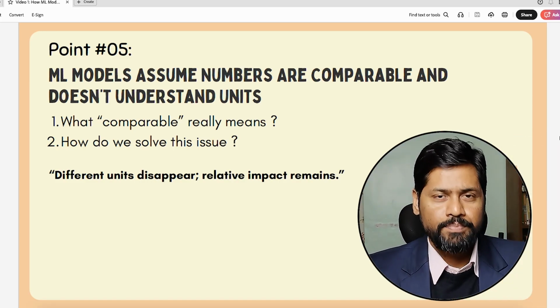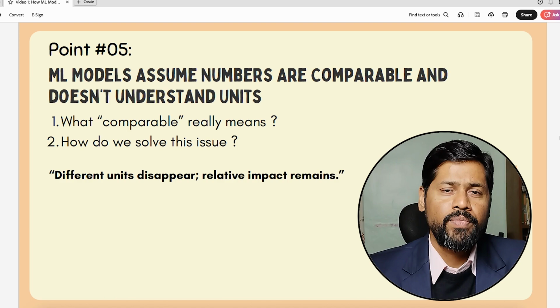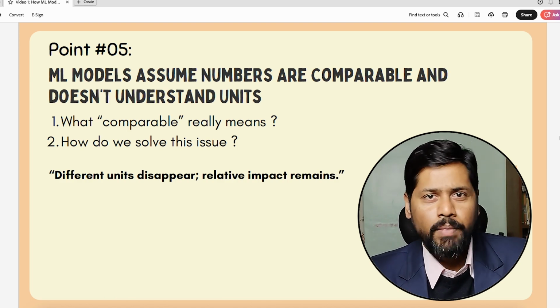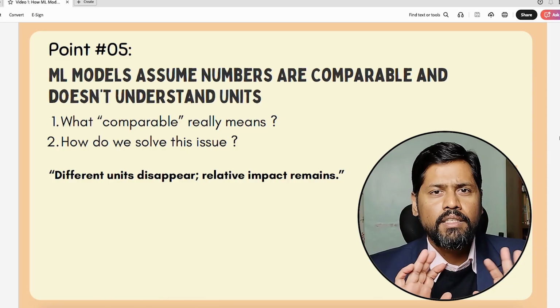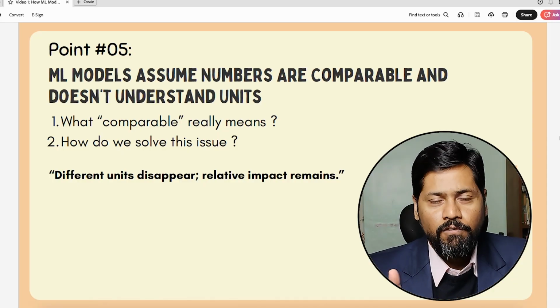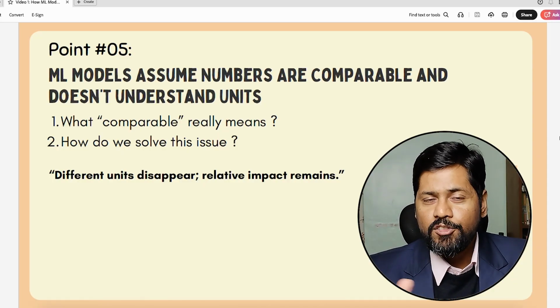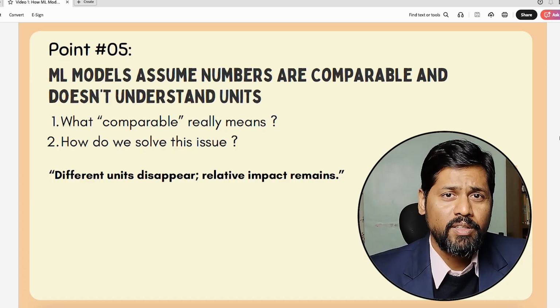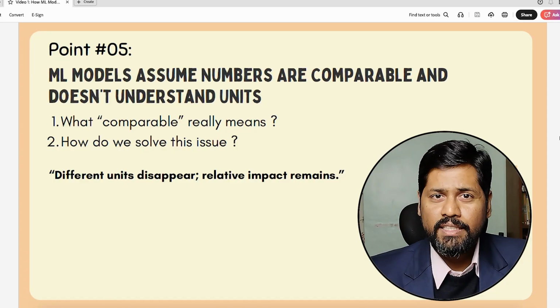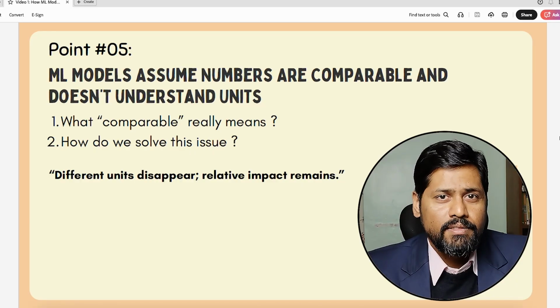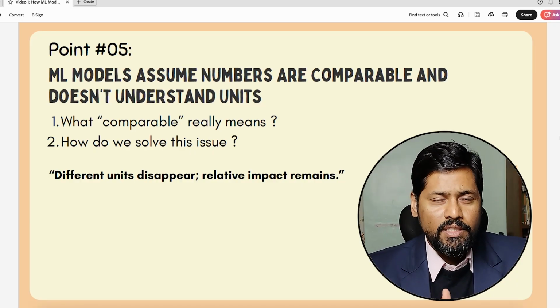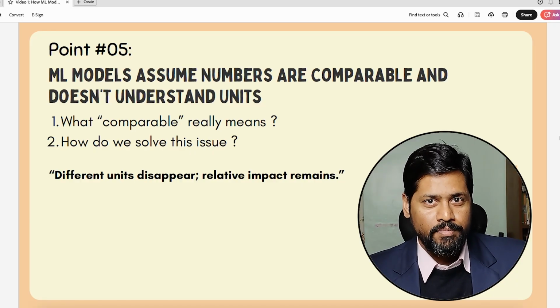Let's take an example: 1 year of salary, 1 click, 1 mark, 1 degree temperature, they all mean the same thing to a model. A model does not understand mark, order, degree or temperature. It just assumes they are one, on the same scale of comparison.